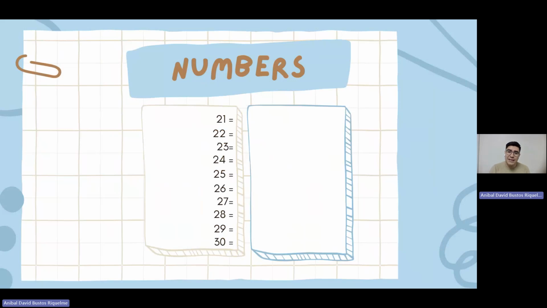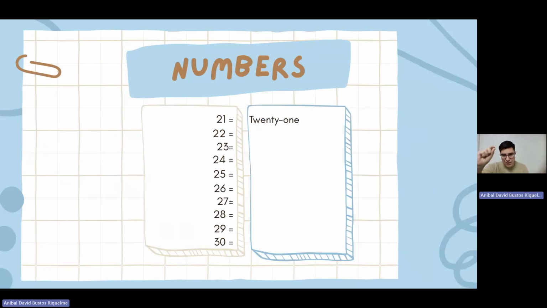So if we know that the previous number is 20, now we know that this number is 21. 21, separated with a hyphen. And now you can imagine all the different numbers that come next.